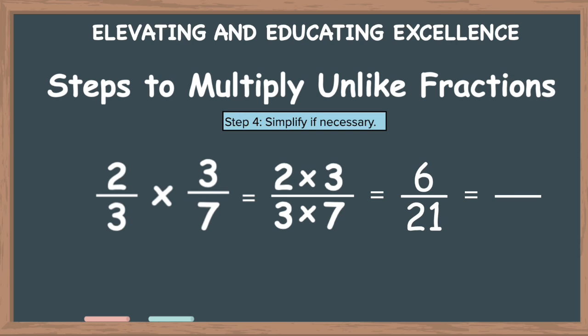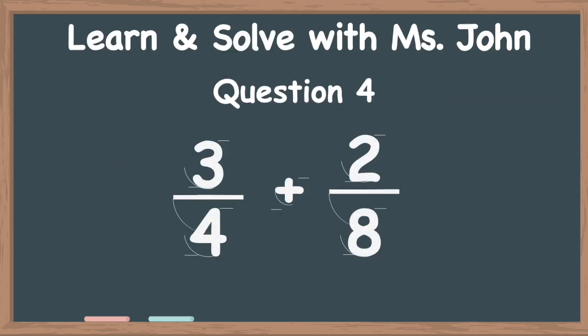So what we're going to do is divide both of these numbers by the GCF, which is 3. So we're going to do 6 divided by 3 and 21 divided by 3. So 6 divided by 3 equals 2, and 21 divided by 3 equals 7. So the answer is 2 over 7. Question number 4, 3 over 4 plus 2 over 8.